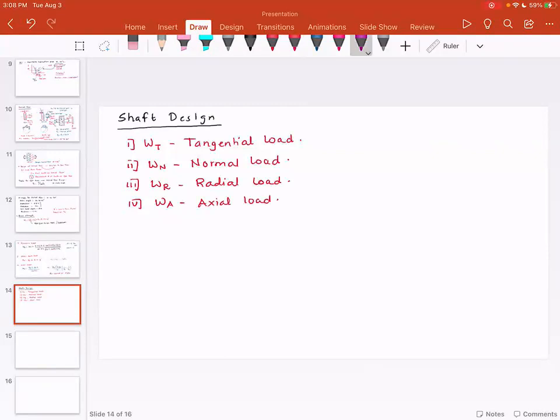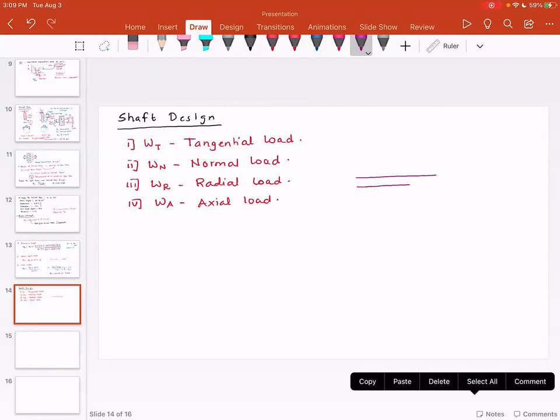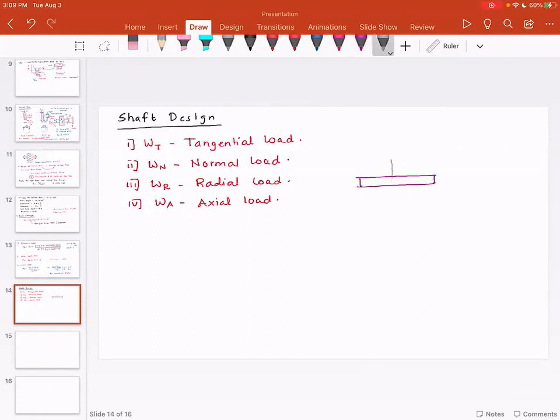And let me show you these loads on the helical gear. So this is the front view of the helical gear. And this is the top view of the helical gear.